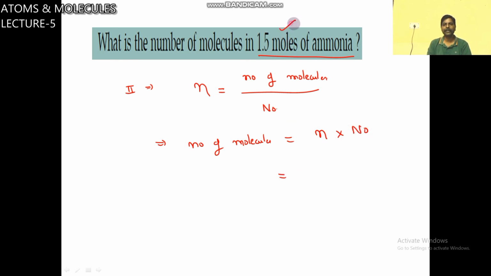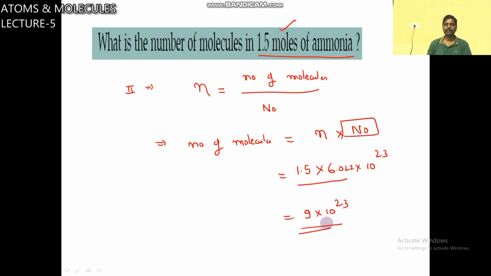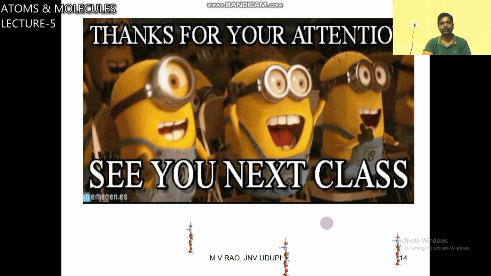Number of moles given is 1.5, and Avogadro number is 6.022 into 10 to the power of 23. This is roughly 9 into 10 to the power of 23. So all these numericals are based on formula 1 and formula 2. Okay, thank you. You practice.